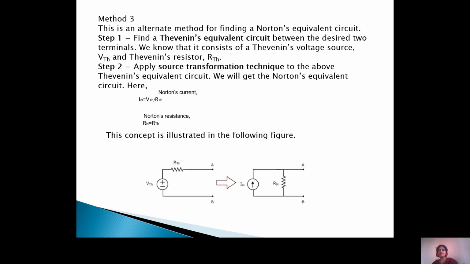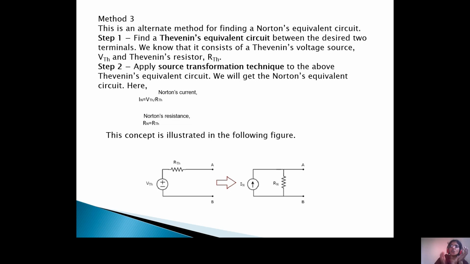And what is method 3? This is another alternative method for finding the Norton's equivalent circuit. Whatever procedure you follow for Thevenin's, the same procedure is done here: you find VTH and you find RTH.